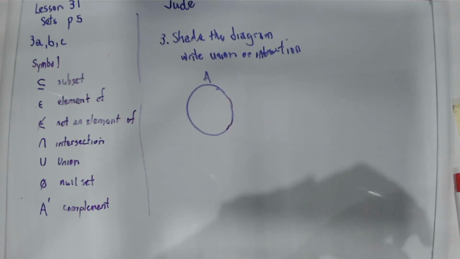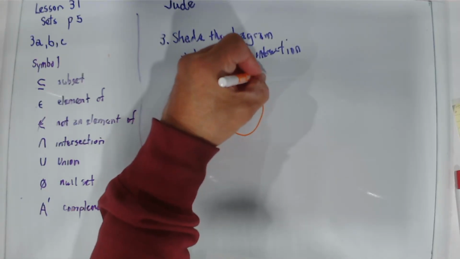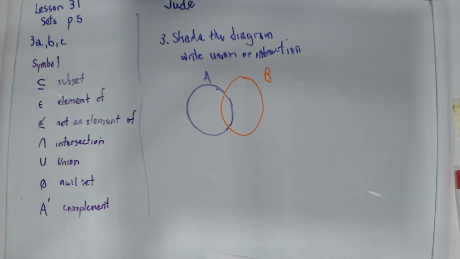Let's use the orange. Let's say this is B, and I want to know the set of things that are in A and in B. Okay?